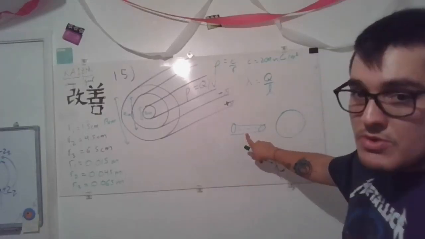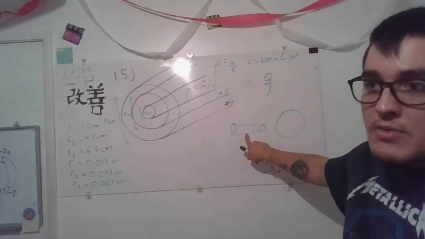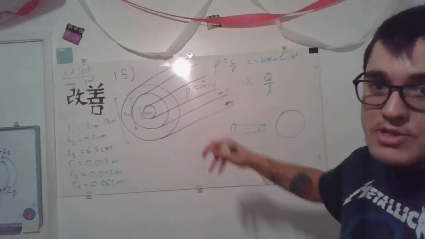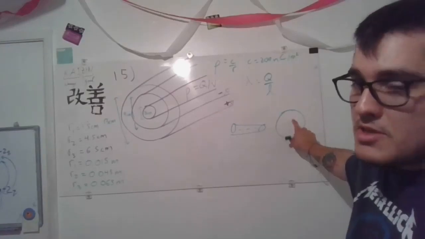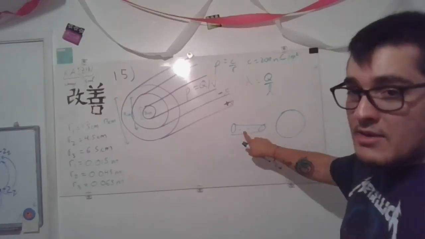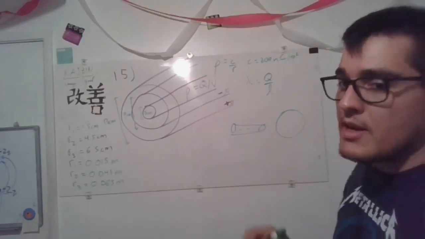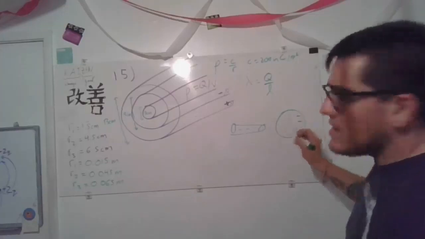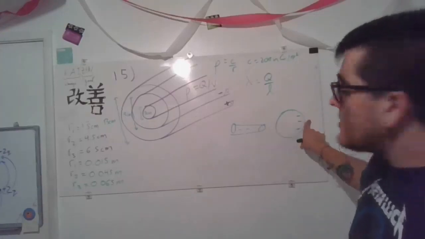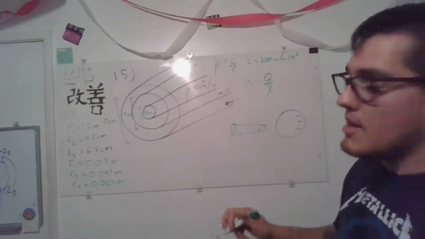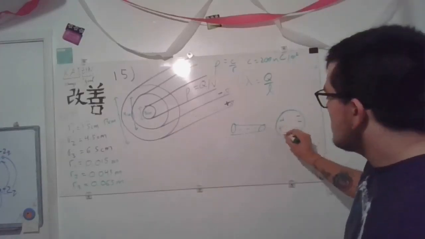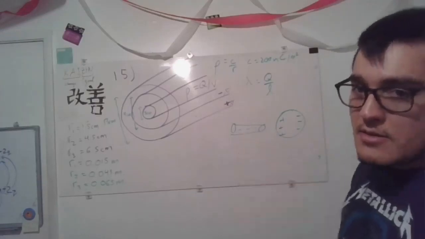These negative charges will produce an electric field, which induces a force on the atoms within the sphere. So negatives repel the other negatives. So all the negatives in the sphere will go to the right side, while all the positive charges will be attracted to the negative charges on the rod.